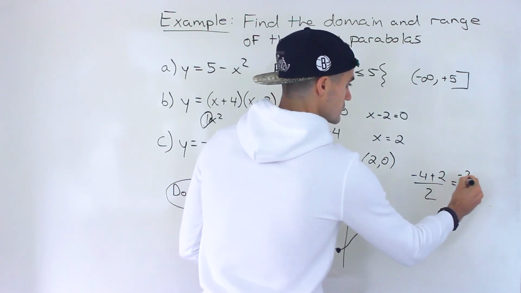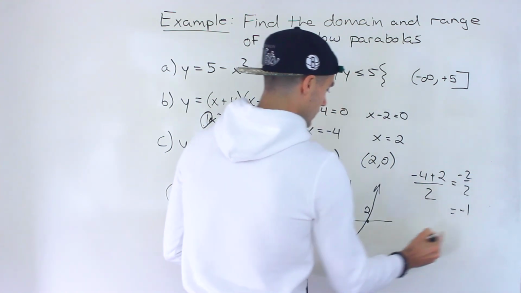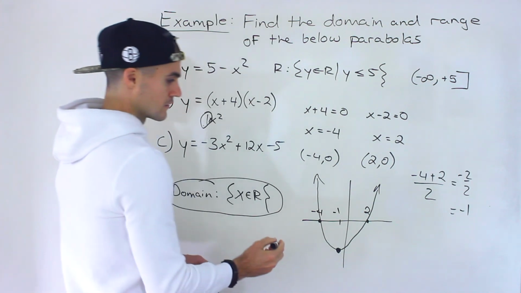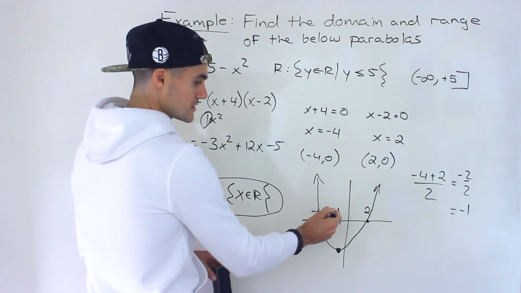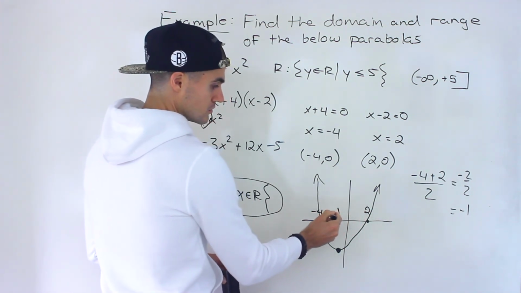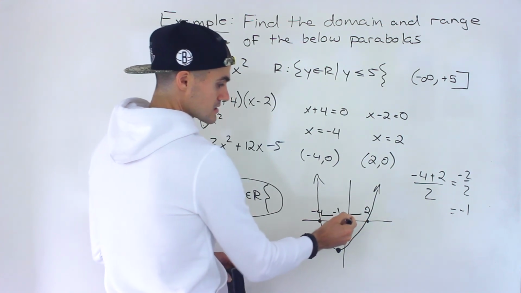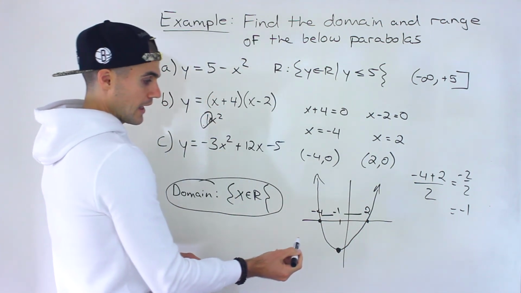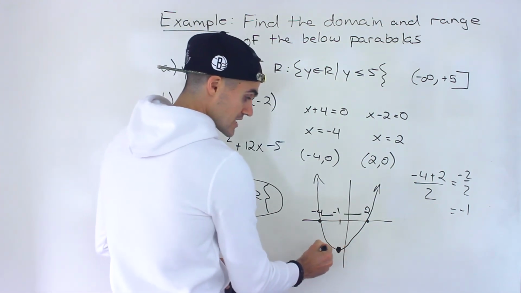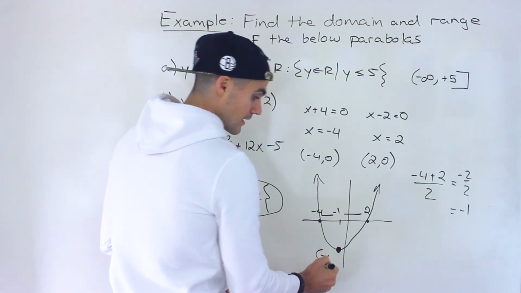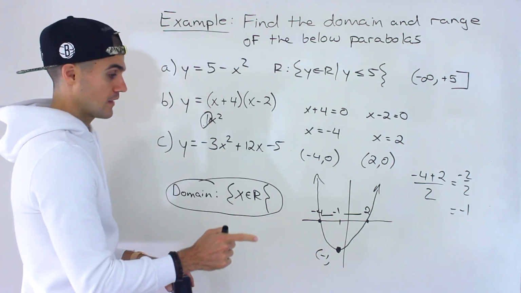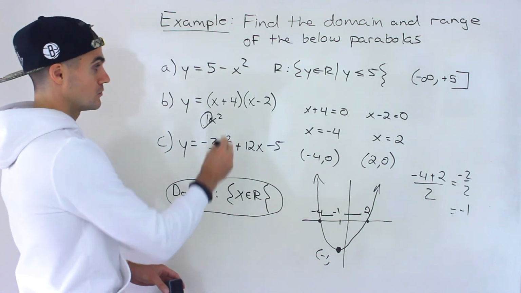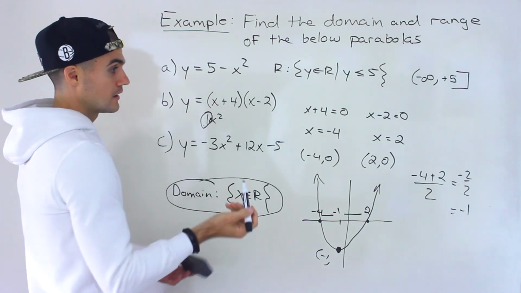So this would be -2 divided by 2, which would give us -1. Right, so notice -1 is in between -4 and 2. It has a distance of 3, distance of 3. And so we know that the vertex is going to have an x value of -1. And we can get the corresponding y value by just plugging -1 into the function.